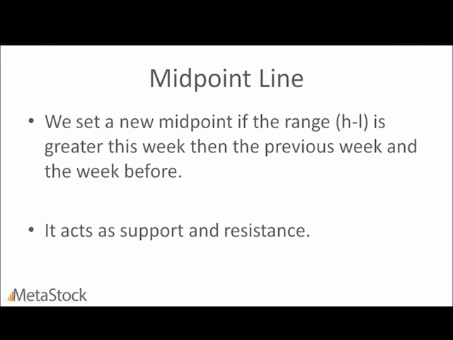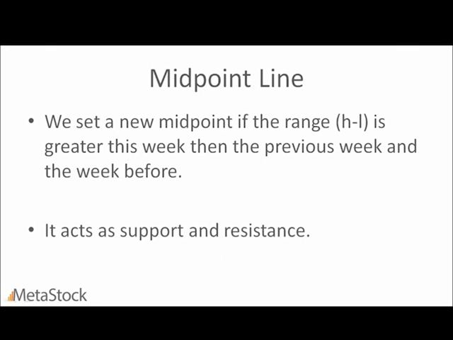Now, we could either have a midpoint every single week, or we could go a direction and try to set the most important candles apart, the more definitive candles, meaning there was more range. So the way that we do that is we establish that midpoint line.